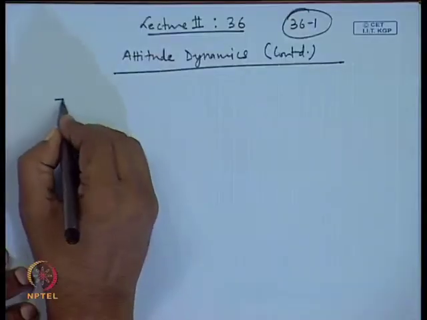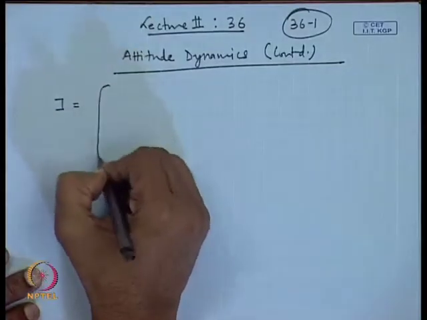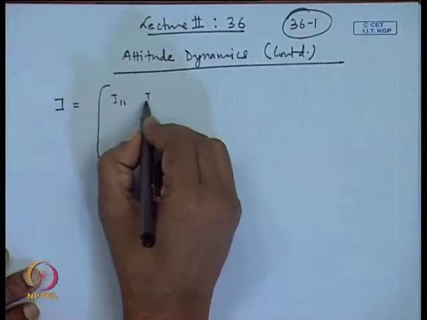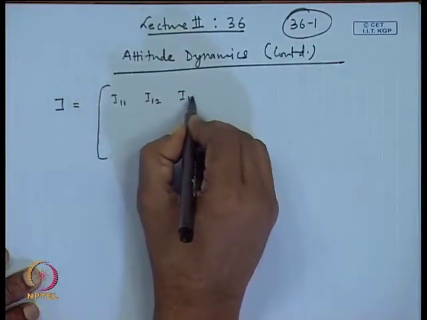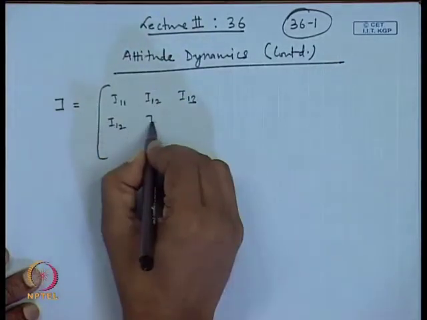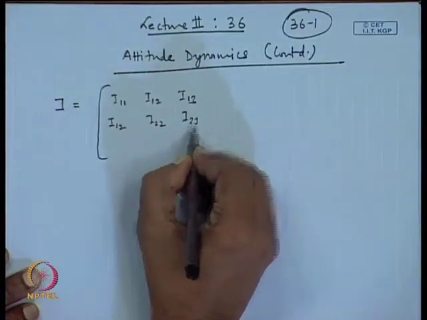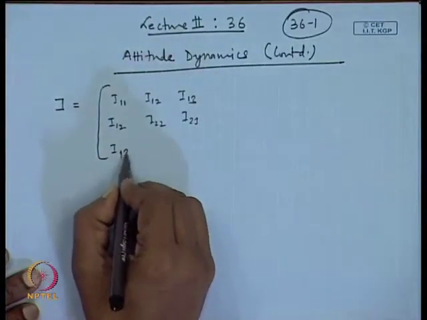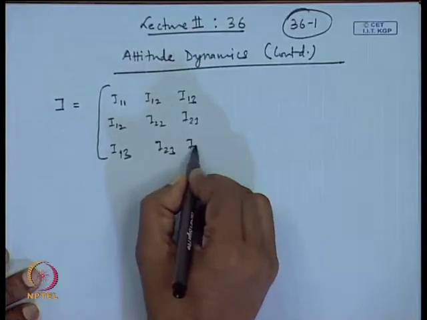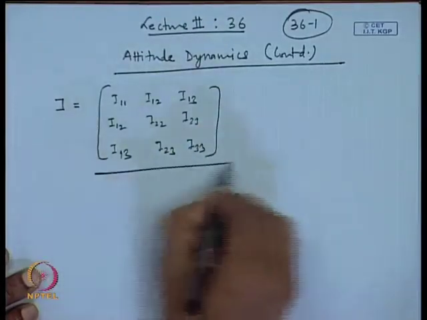Okay, we have been discussing attitude dynamics. In that context we are working out the moment of inertia, looking into the principal moment of inertia. We were given the moment of inertia matrix, I 11, I 12, and so on.